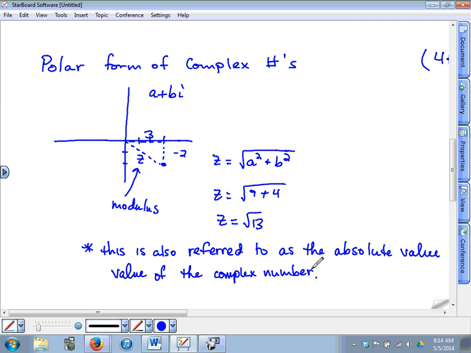So the modulus is also referred to as the absolute value. The absolute value of a number is the distance from 0 on a number line. So with complex numbers, this is the distance from the origin of the complex plane.